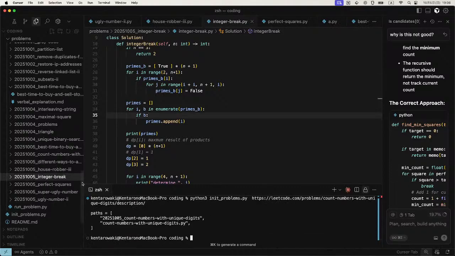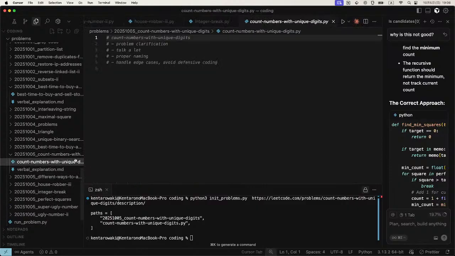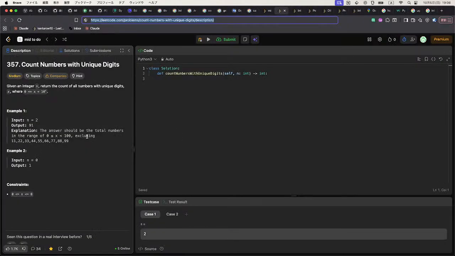Okay, so count numbers with unique digits.